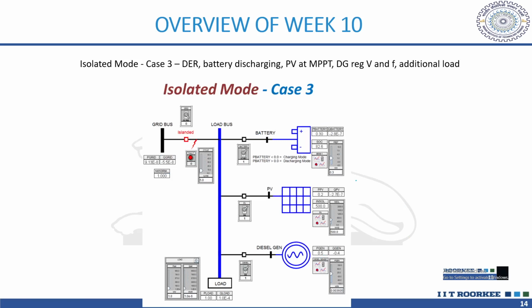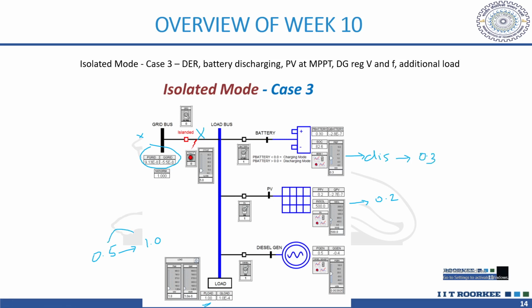Then in the third case, we are increasing the load from 0.5 to 1. So here we don't have anything from the grid, P and Q both are 0. Then PV is at 0.2. Battery is discharging 0.3, as in the previous case.